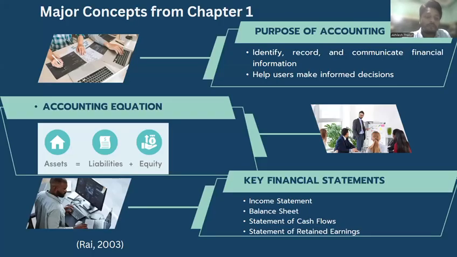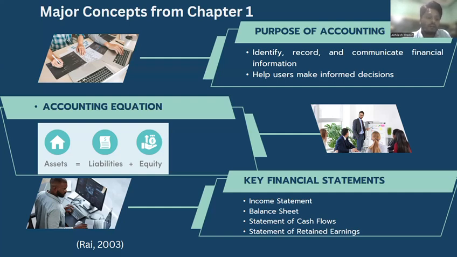So the major concept from chapter 1 is, first, the purpose of accounting is to identify, record, and communicate financial information. It's like a language of business that helps everyone understand how a business is doing financially.